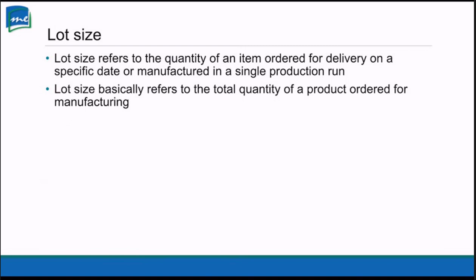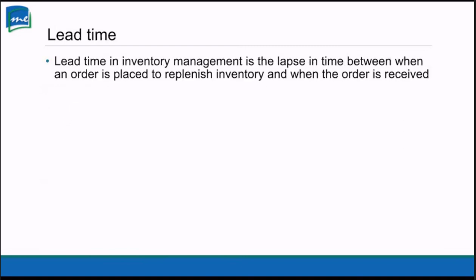So lot size has a very close relationship with the cycle inventory. The cycle inventory actually is the average of the lot size, of the quantity here. So this is the second word I want to mention.